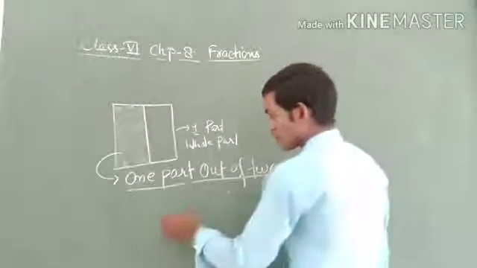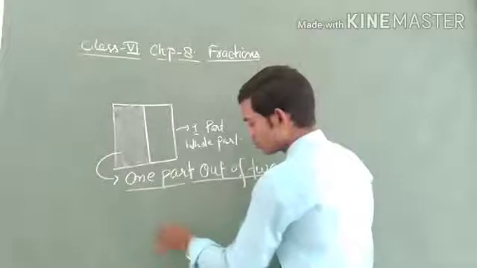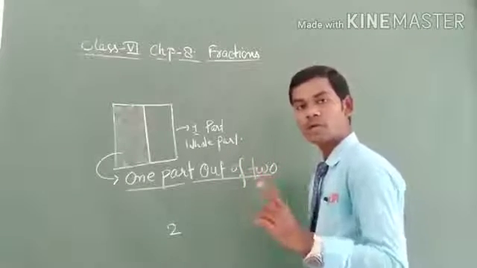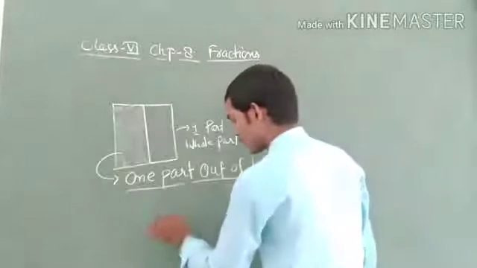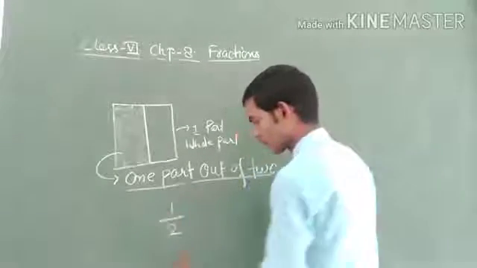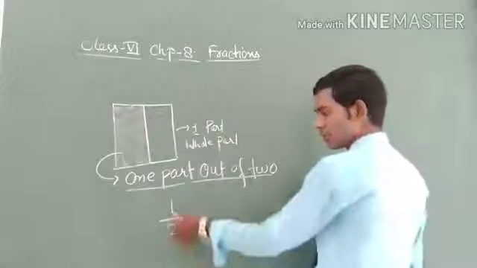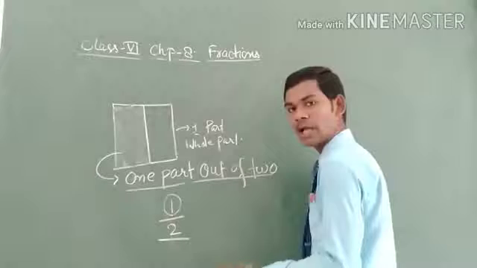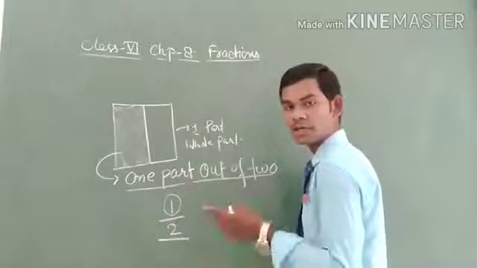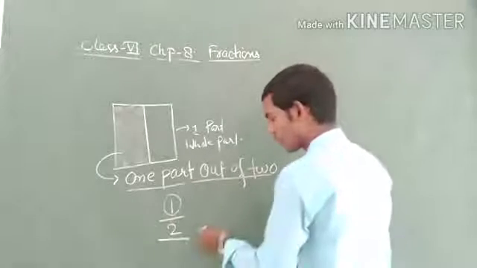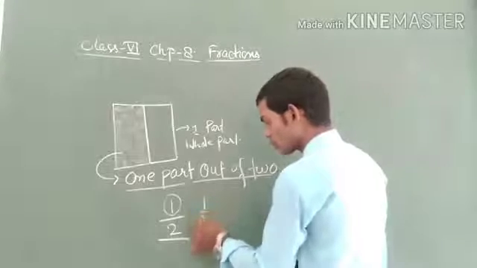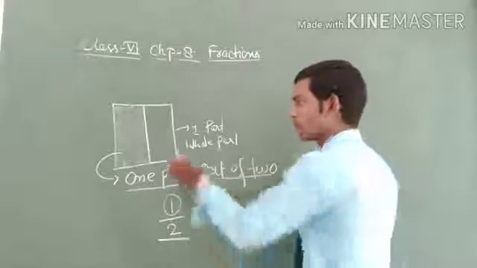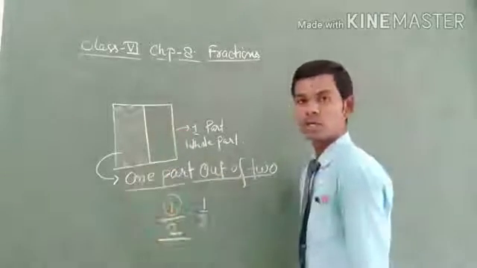That means the whole is 2 parts, and one part out of 2 has been shaded, so we write it like this. This represents one part out of 2 shaded or taken. Therefore 1 by 2 is called a fraction of the whole square.